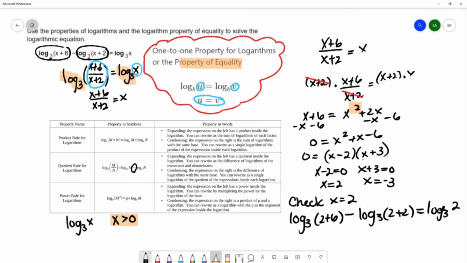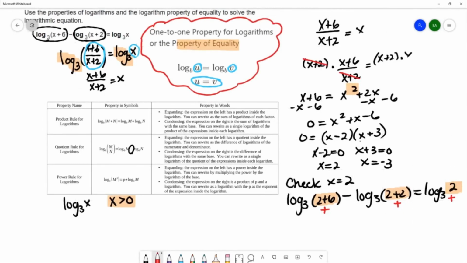What you're going to check is that inside each log you should have a positive value. 2 plus 6 is a positive 8, 2 plus 2 is a positive 4, and 2 is positive. So we're going to be able to keep the solution of x equals 2 because it's in the domain of every log expression.